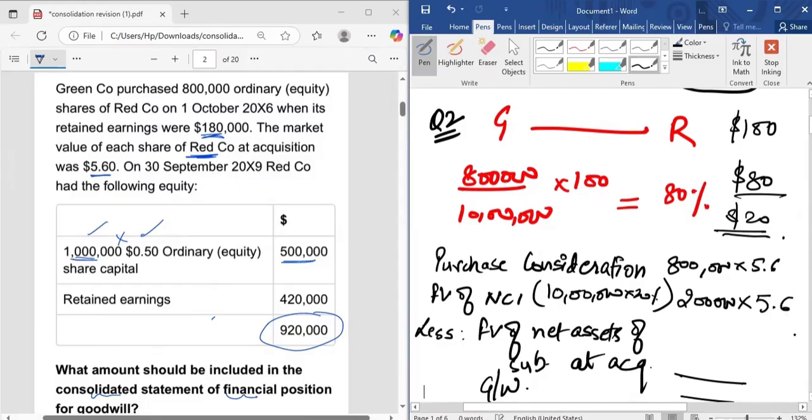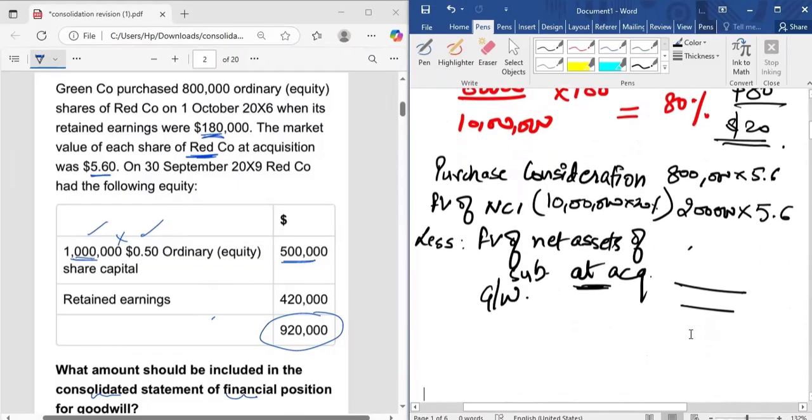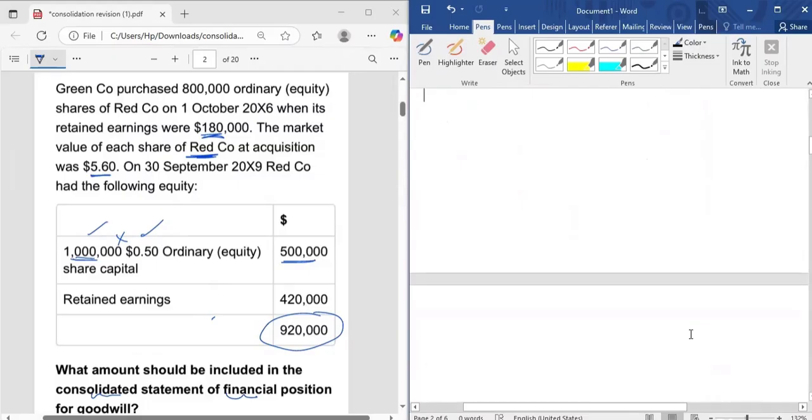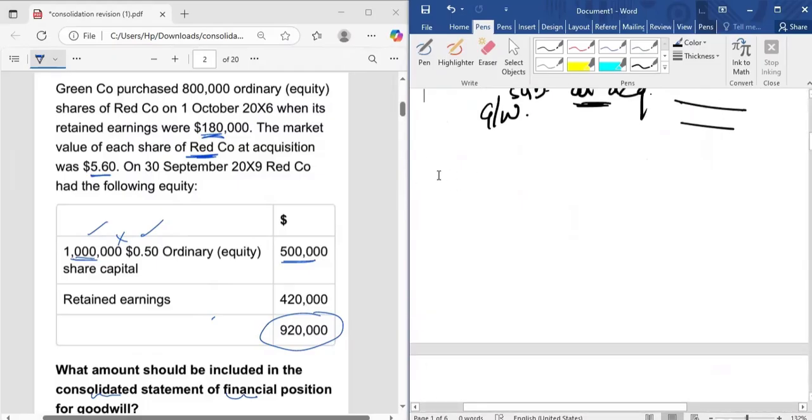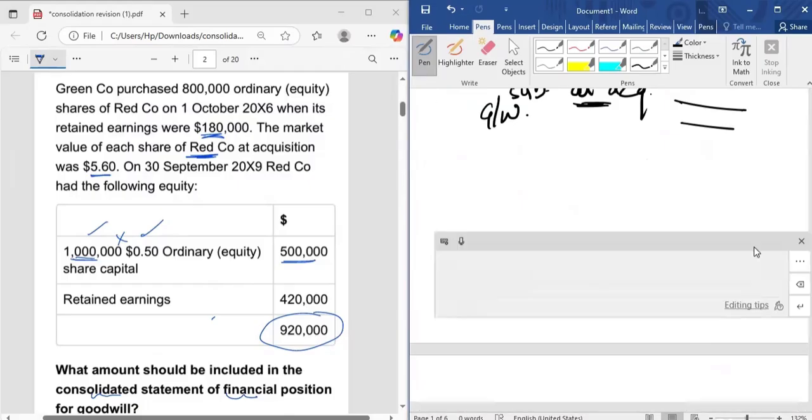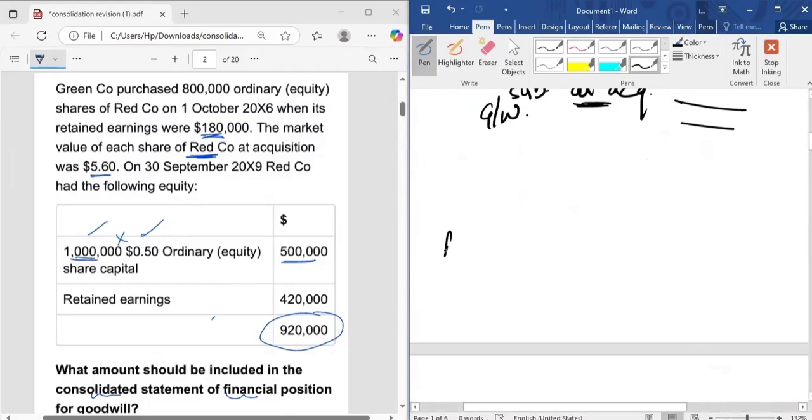Now you will take the fair value of net assets of subsidiary at the date of acquisition. These net assets include share capital, and they also include the retained earnings.